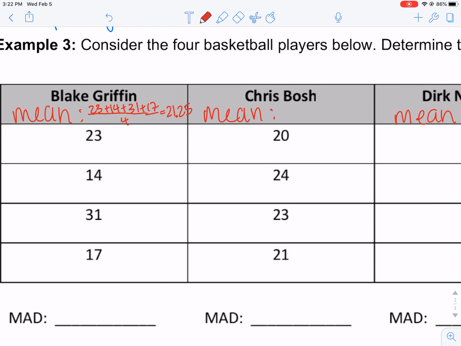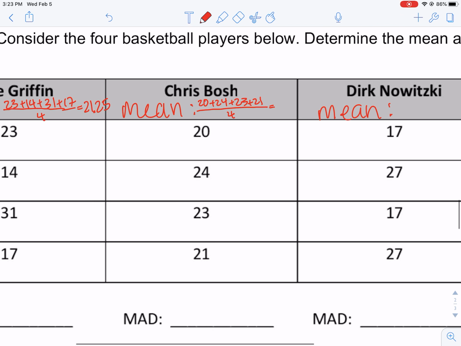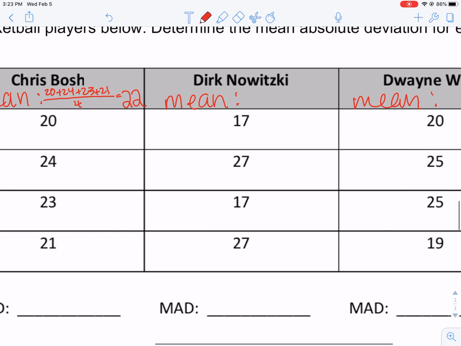For Chris Bosh, we know it's going to be 20 plus 24 plus 23 plus 21 all over 4. That's going to give you 22. For Dirk, it's going to be 17 plus 27 plus 17 plus 27 all over 4, it's going to be 22.